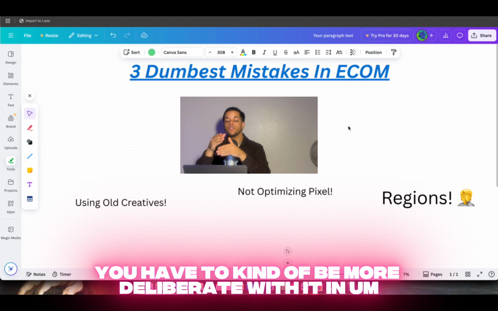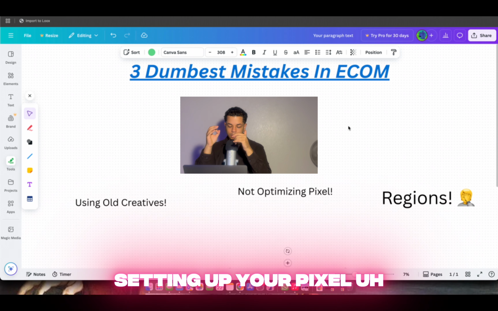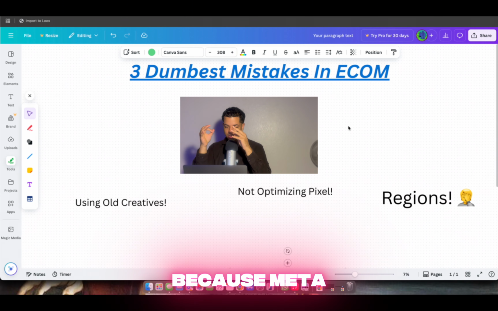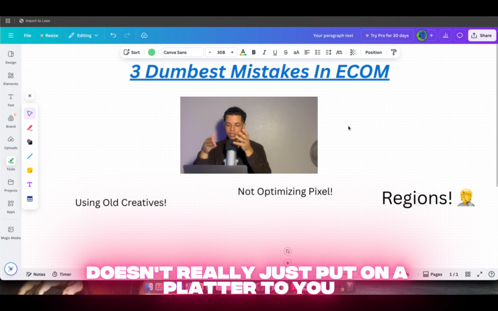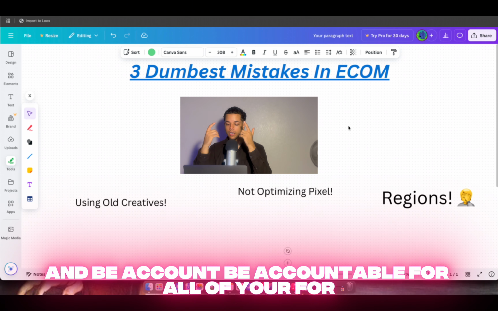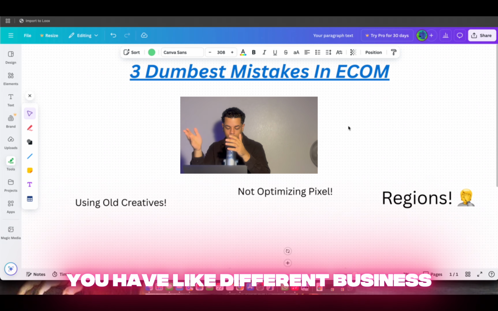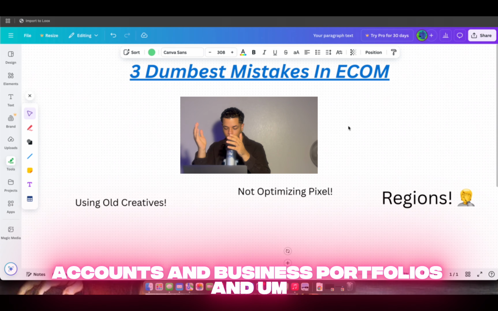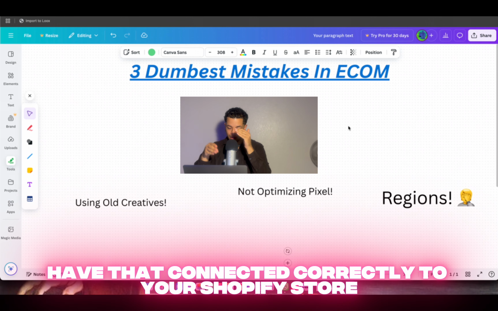With Meta, you have to be more deliberate in setting up your pixel, because Meta doesn't just put it on a platter and introduce that pixel to you. You have to go set it up and be accountable for all of it, because you have different business accounts and business portfolios and all that, and have that connected correctly to your Shopify store.